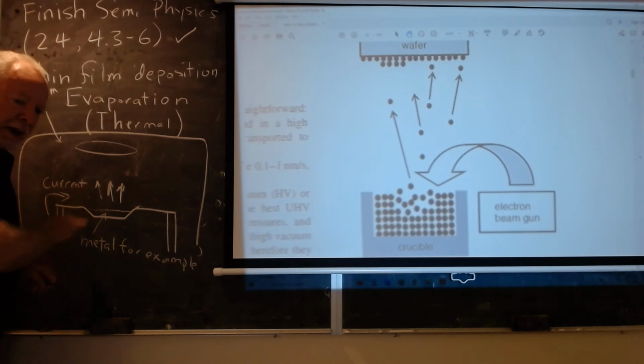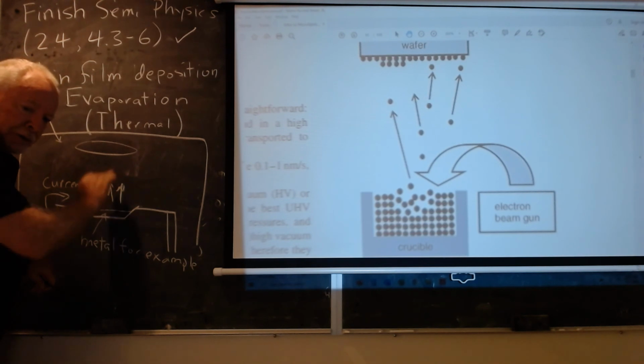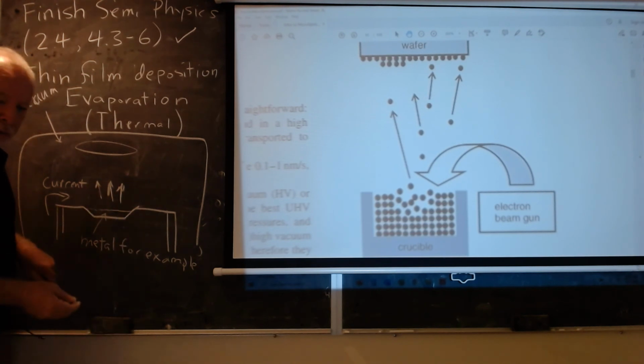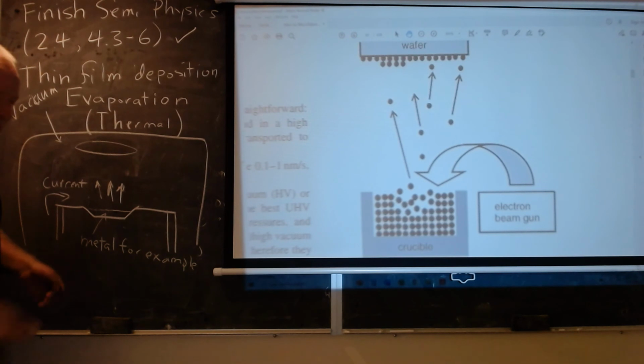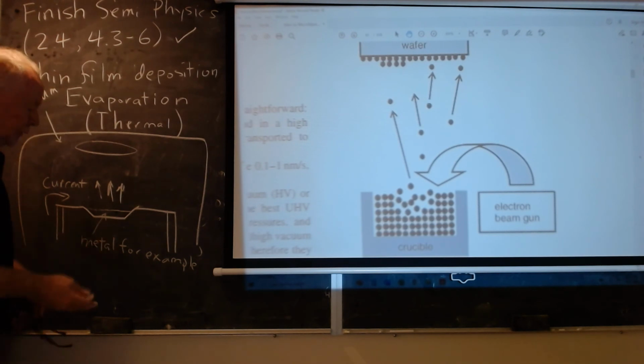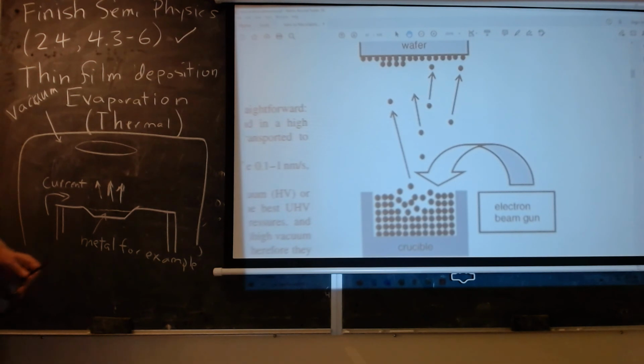You're just heating it up sufficiently that, through thermal energy, it's able to produce an evaporated component, a vapor. And that's why it's called physical vapor deposition, because you're physically producing a vapor that you then use to deposit your thin film.